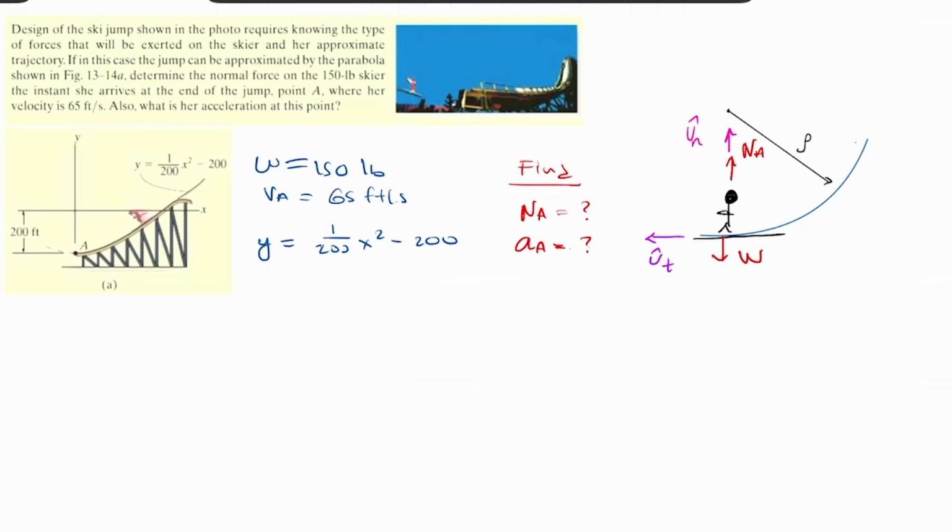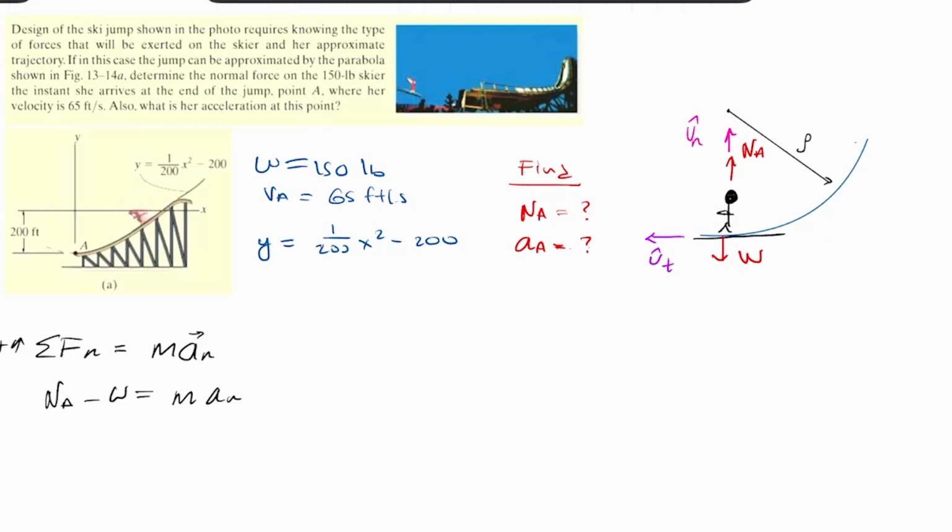So in this case, we're going to do the sum of forces in the normal direction, with up being positive, and this equals mass times acceleration in the normal. So let's see, what forces do we have in the normal direction? Well, we have the normal force at A minus the weight, and this equals mass times acceleration in the normal.